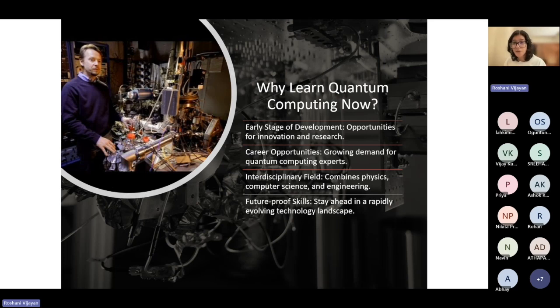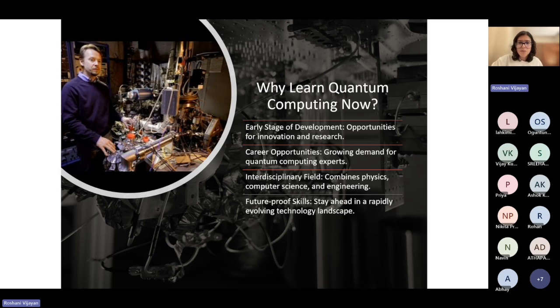With the way that it's been growing, the potential that it's been showing, after Google launched their Willow quantum chip, their share prices have been at an all-time high. So it's not just scientists and physicists who see it, it's also investors who are starting to see the potential that quantum computing holds, which is why this is the perfect time for you to really get into the field and have an early advantage that other people won't.